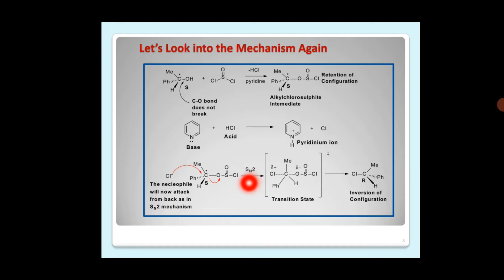Therefore, this will lead to the formation of a transition state and finally to a product with inversion of configuration. Therefore, you can see that with the change in medium, the reaction mechanism changes from SNi to SN2.